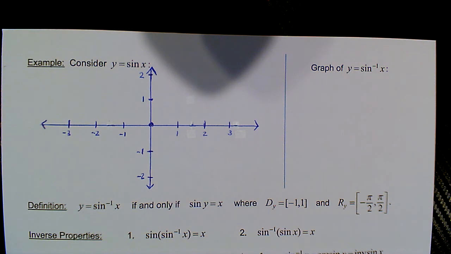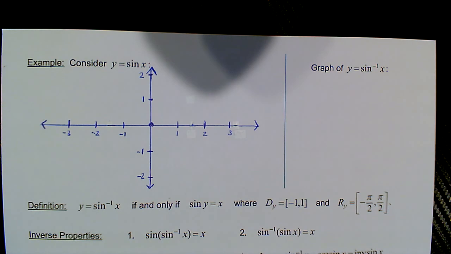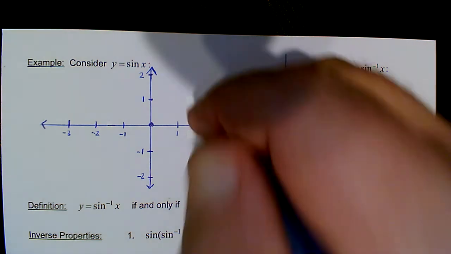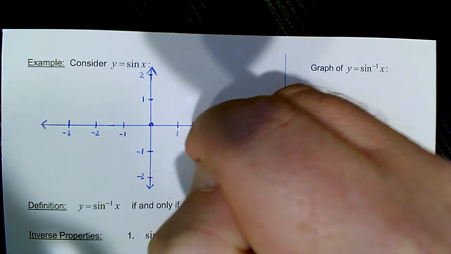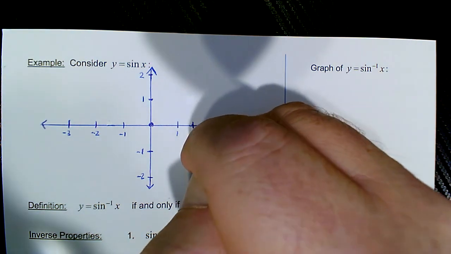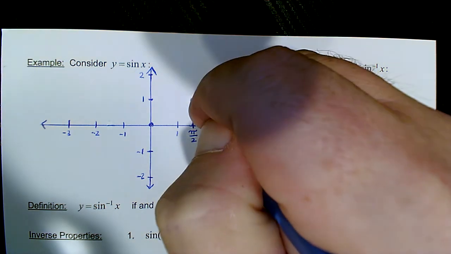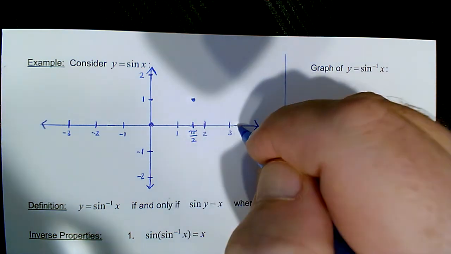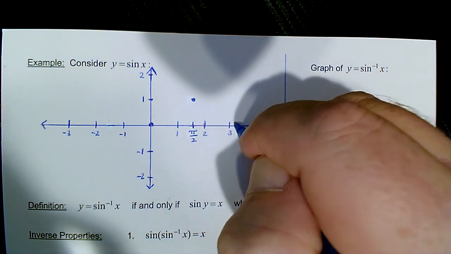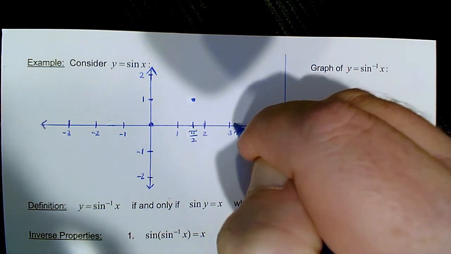First off, for the sine function, it starts at 0, so there's the point at the origin, and at pi over 2 it reaches its high point. Pi over 2 is approximately 1.57, half of 3.14, and so that's where it reaches its high point of 1. And then it comes back down to 0 at pi, so a little bit more than 3.14 is pi, and it comes back down to 0.